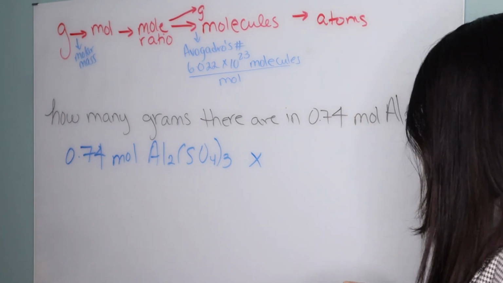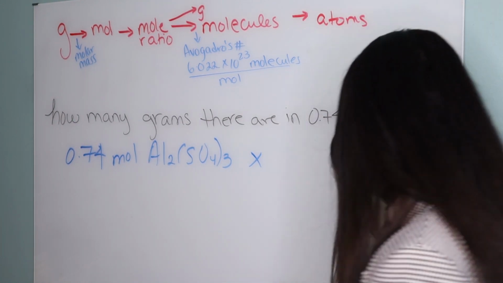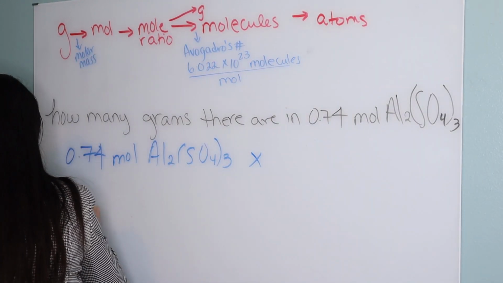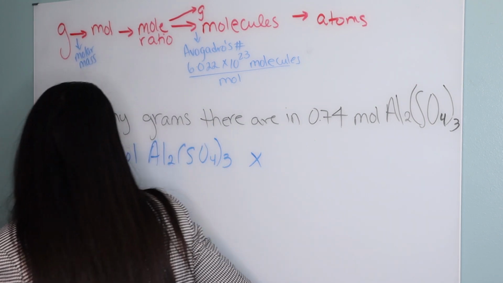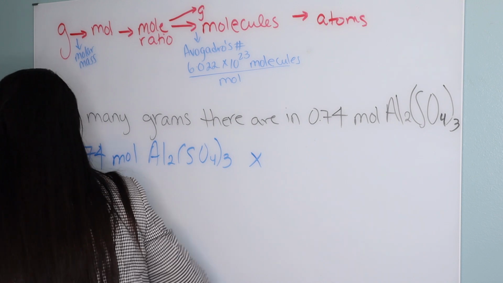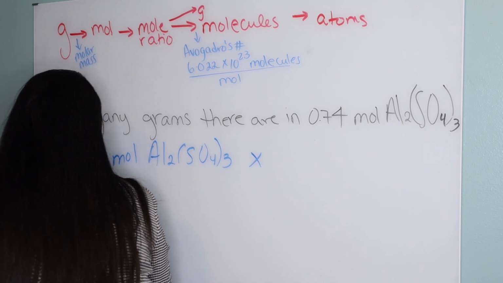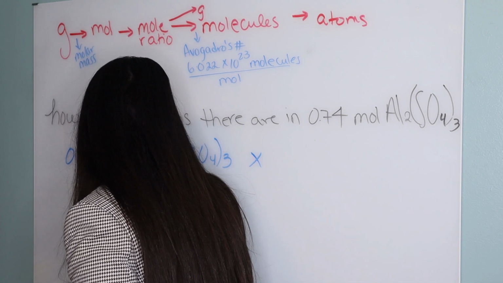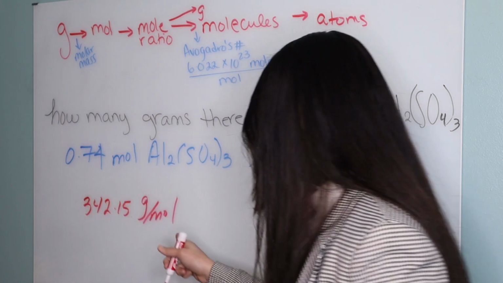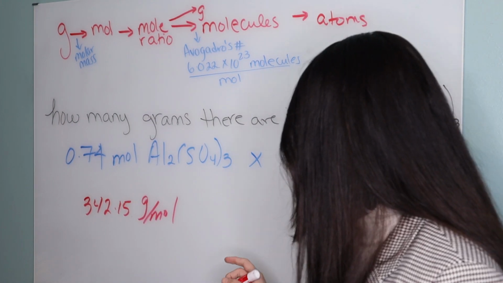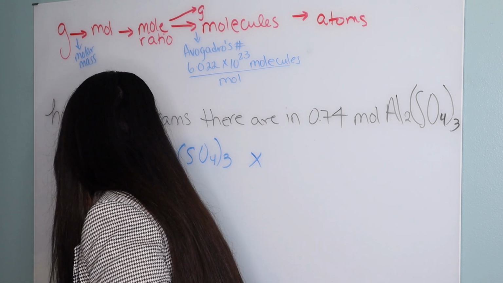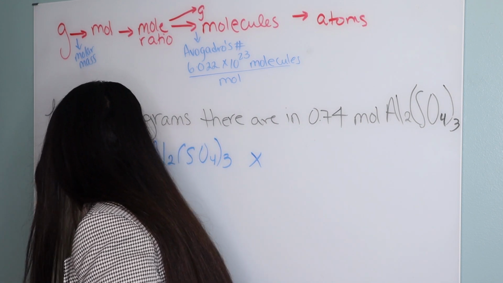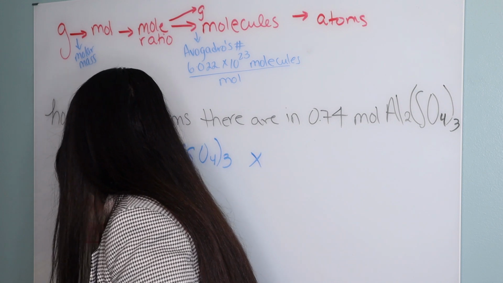We need the molar mass, so the molar mass is going to be 342.15 grams over mole.